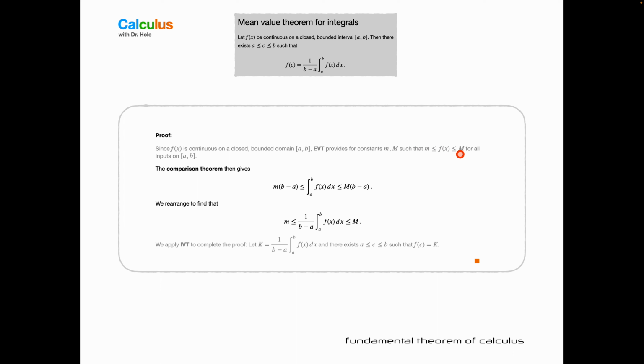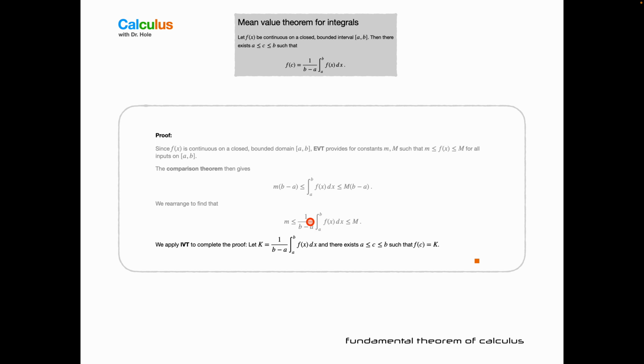Then we can exactly use that statement to set up the comparison theorem. We can restate that at every point the outputs are bounded between these values to say that if we add up all of those outputs, it will be bigger than adding up all of these outputs and smaller than adding up all those outputs. Manipulate this in a simple way by dividing through by b minus a. We come up with this expression.